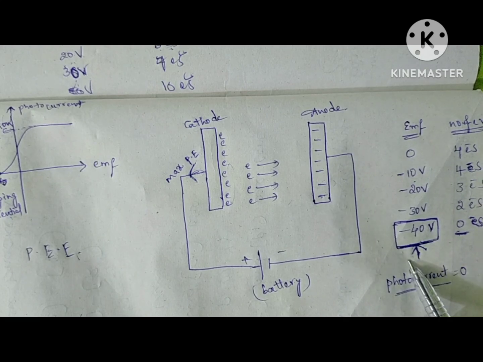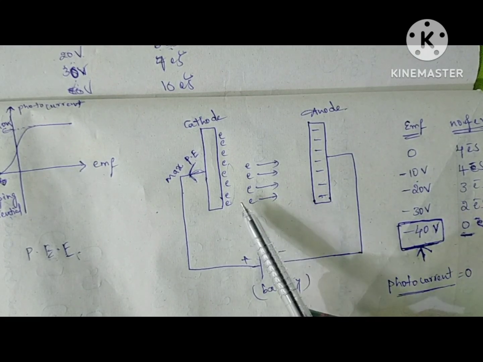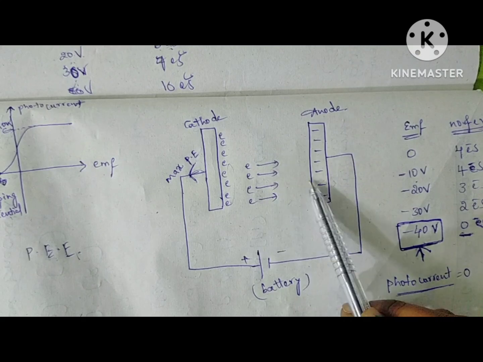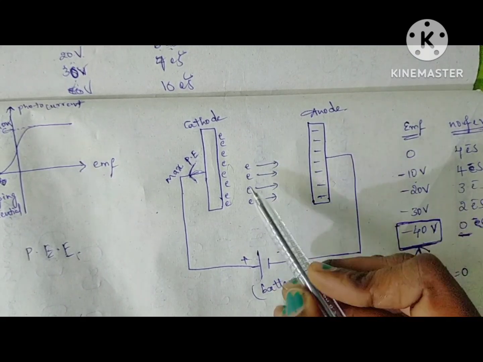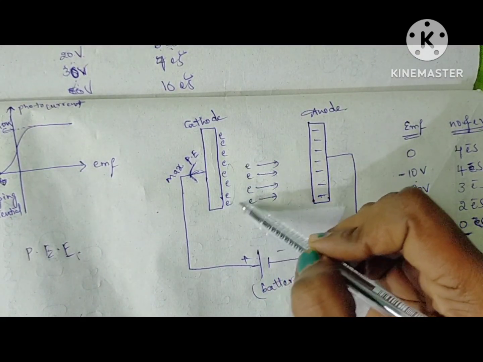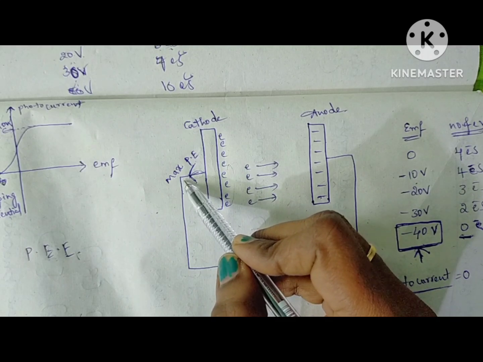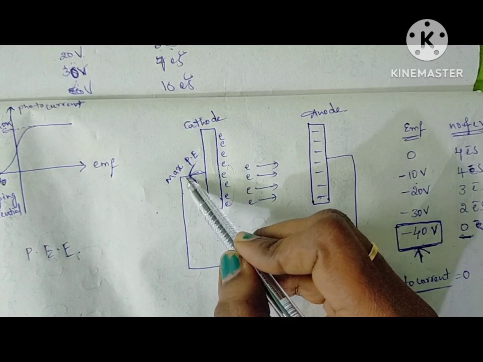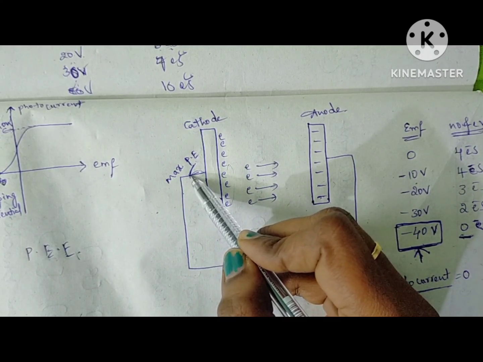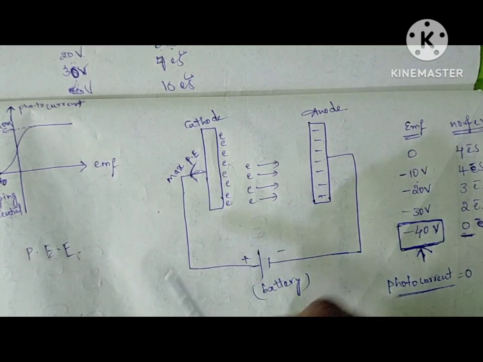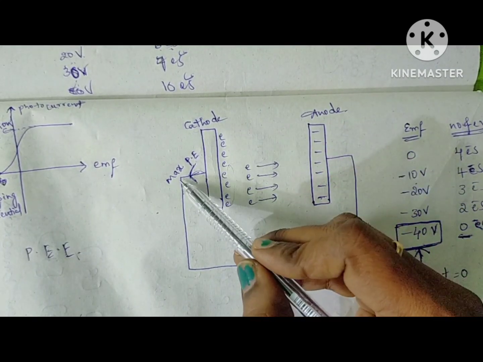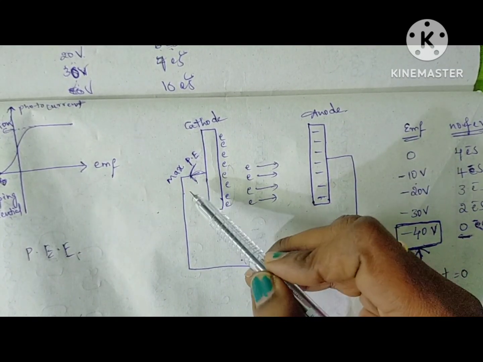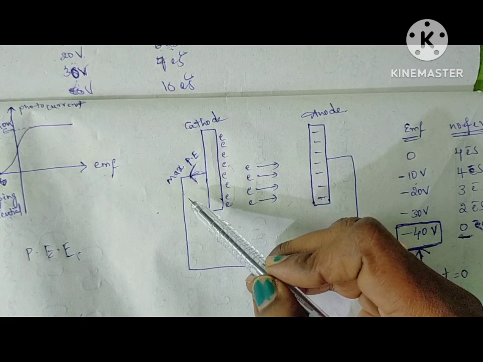At this stopping potential no electrons flow towards the anode, so these electrons are waiting outside of the cathode, but they are having the maximum potential energy. This is a very important point you need to remember.